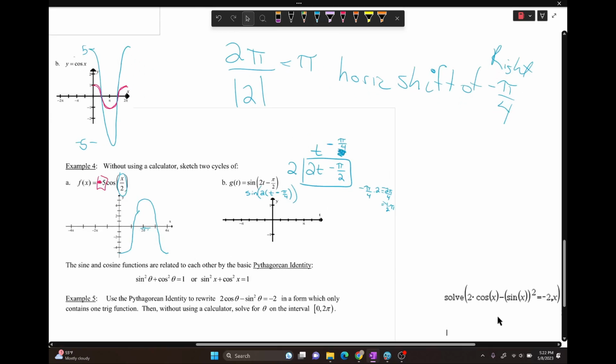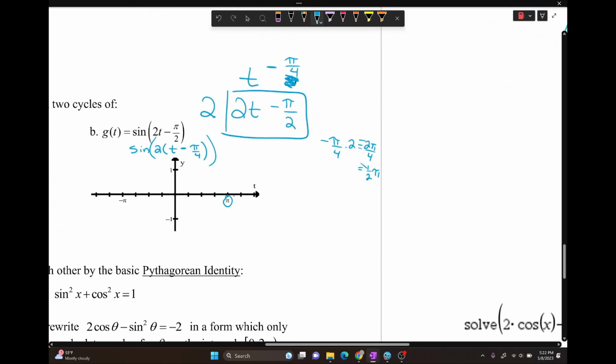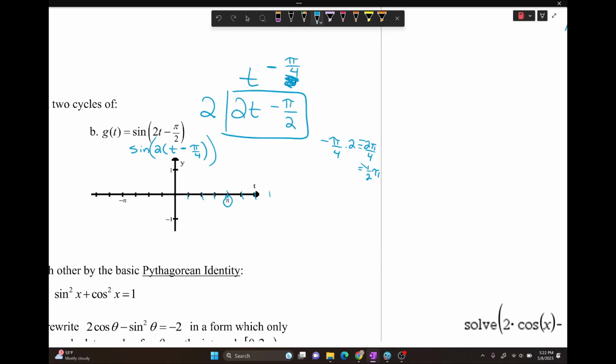Okay, so then I'm taking a look at how to actually graph this. Notice here, this is pi, so 1, 2, 3, 4 marks, 1, 2, 3, 4 marks. This would be 2 pi. And normally, sine goes like that. Only in this case, I know that the period is pi, so instead it goes like that. And because I have this negative pi over 4 business, meaning that it shifted right, I'm going to pick it up and move it over to there.